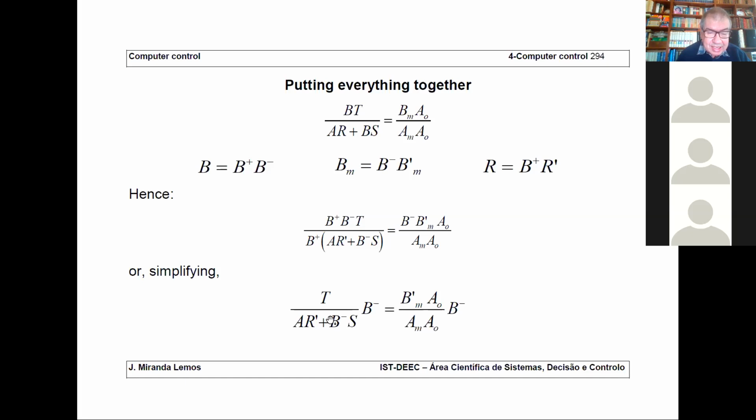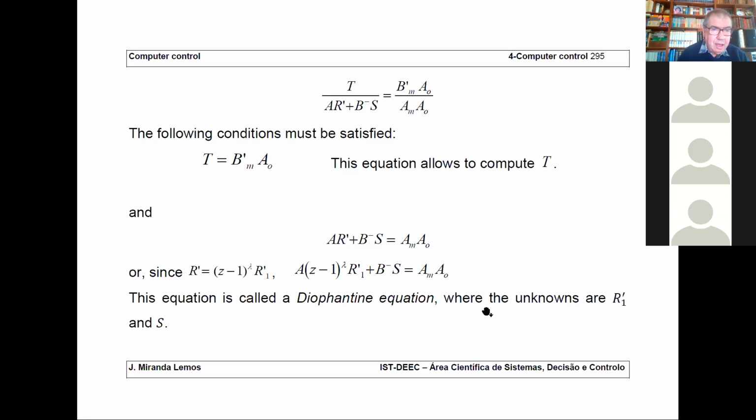You write this as several equations corresponding to the different coefficients of B minus, and everything on the left that multiplies the coefficient is equal to everything on the right that multiplies the same coefficient. So this transfer function must be equal to that one, and actually I can cancel the B minus. Okay, so I end up with this simpler set of equations.